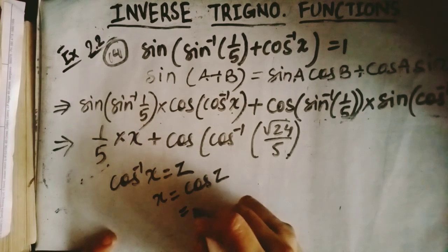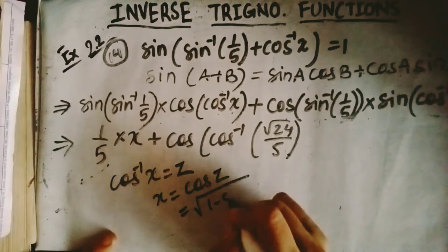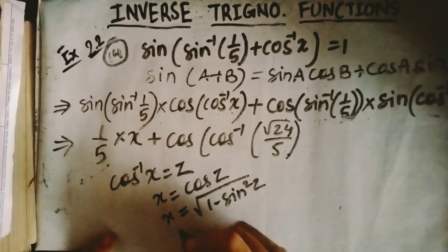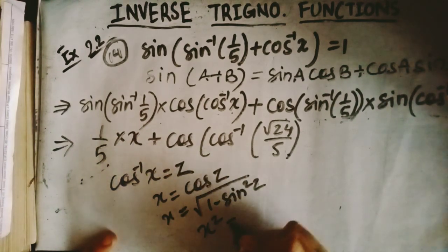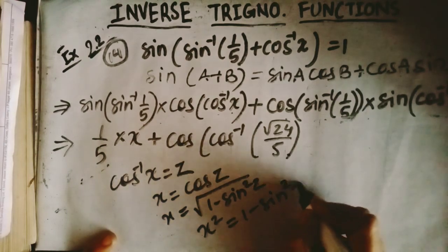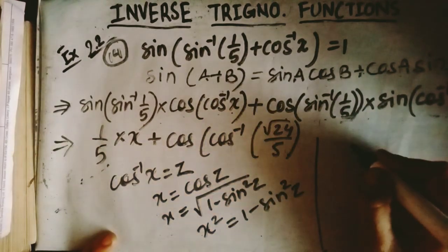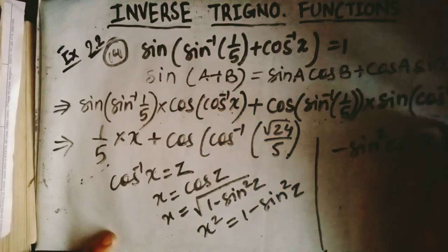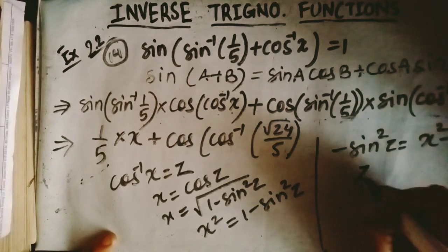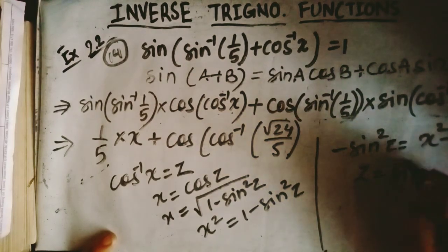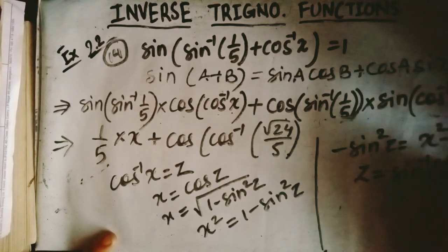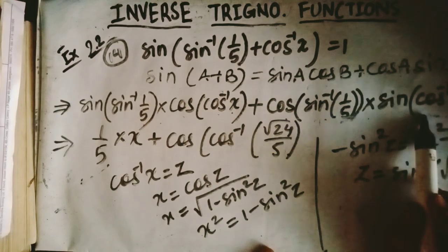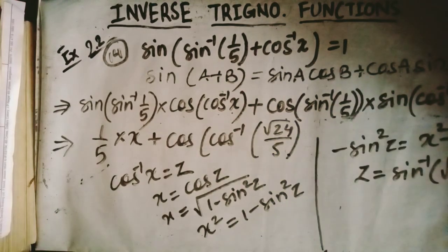Okay. Cos of z, we can write it as root of 1 minus sine square z. Again squaring both the sides, x square equal to 1 minus sine square z. So sine square z is 1 minus x square, and sine z will be root of 1 minus x square. Okay. So this we have to substitute here in place of sine of cos inverse of x.